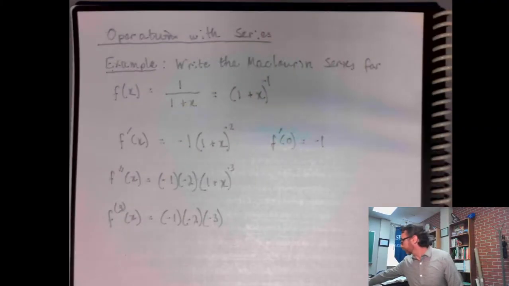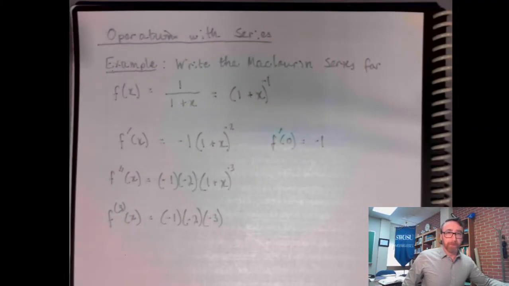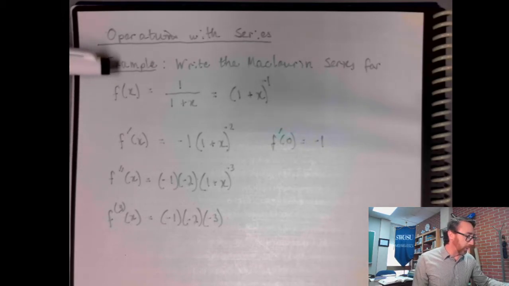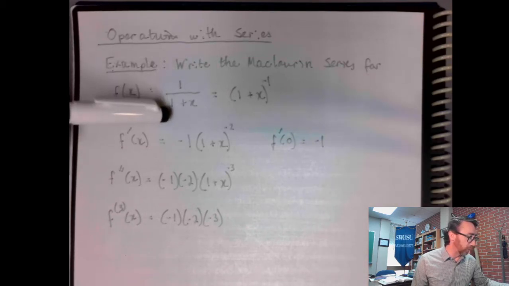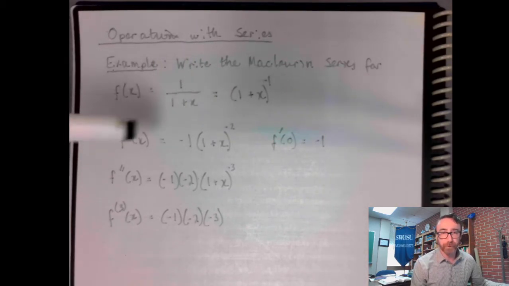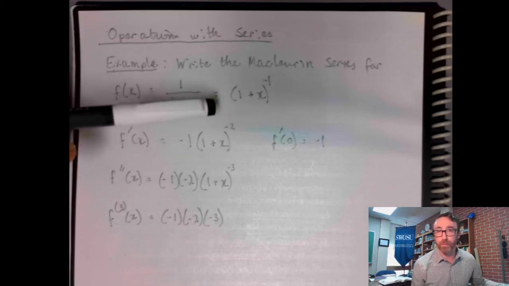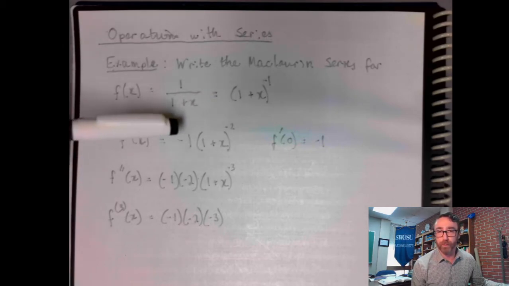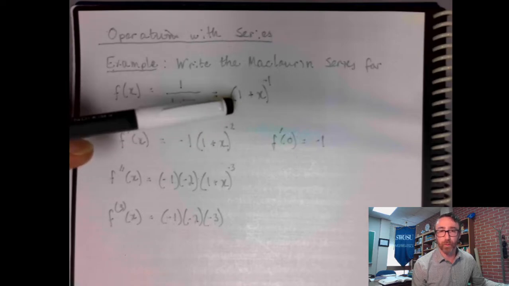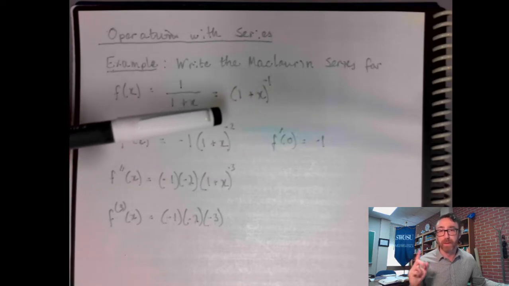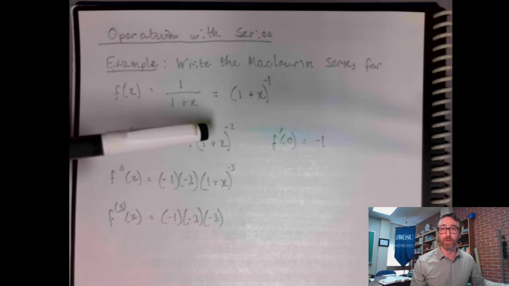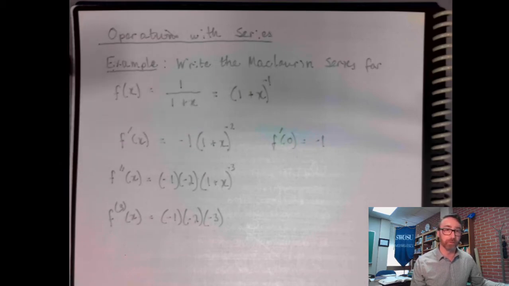Okay, so in our beginning example, we're going to write the Maclaurin series for f of x equals 1 over 1 plus x. Now, of course, we know how negative exponents work, so 1 over 1 plus x is equal to (1 plus x) to the power minus 1, and that is very useful for taking the derivatives.